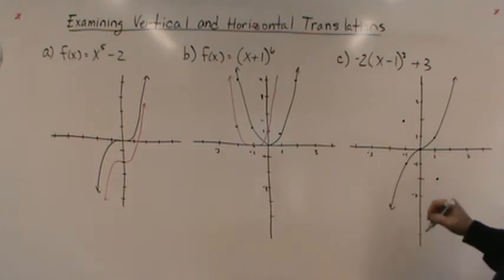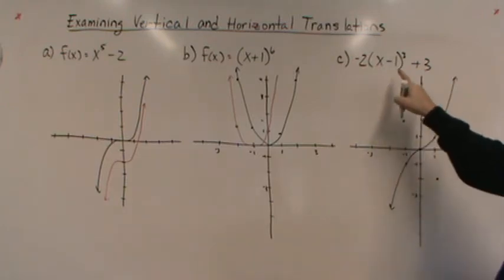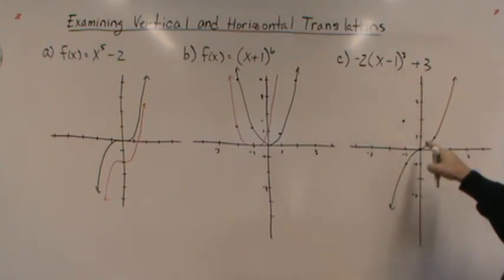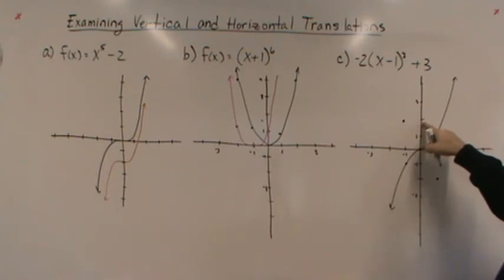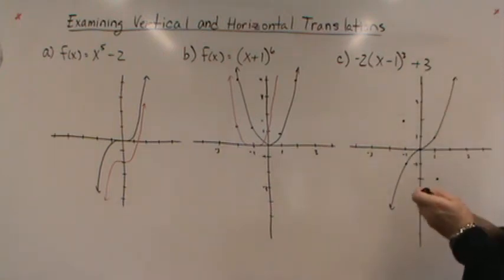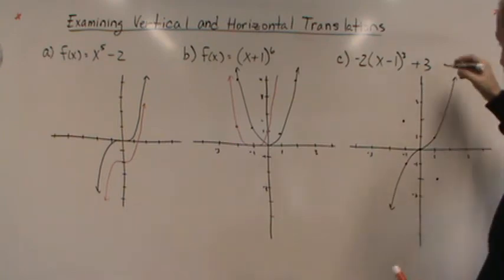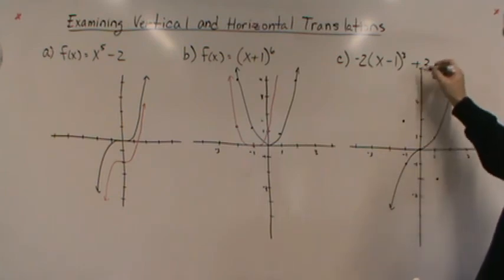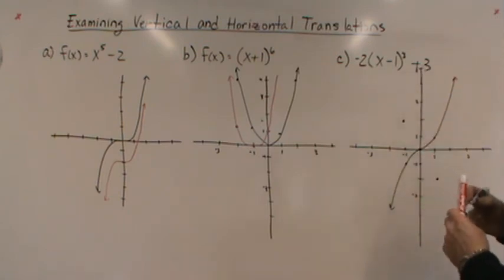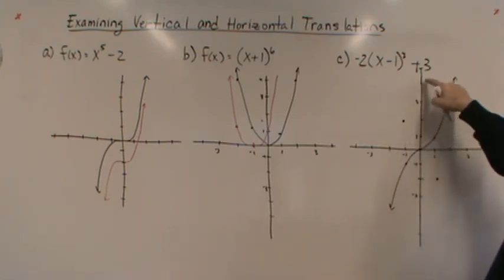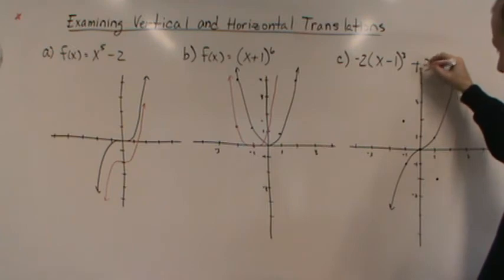Now I'm going to move the 3 points to the right 1 and up 3. Moving this one right 1 and up 3: 1, 2, 3, so it's going to be right here.